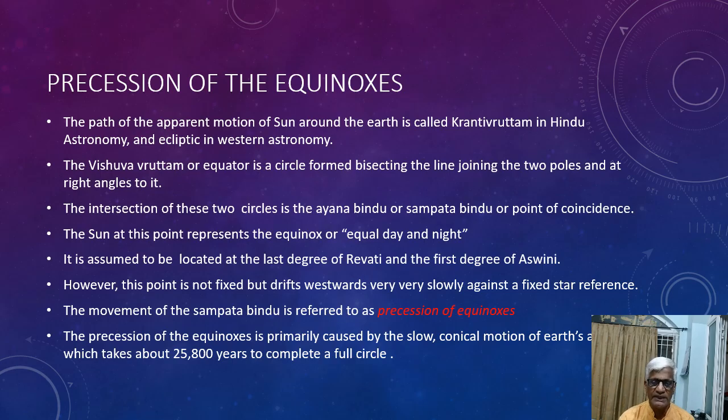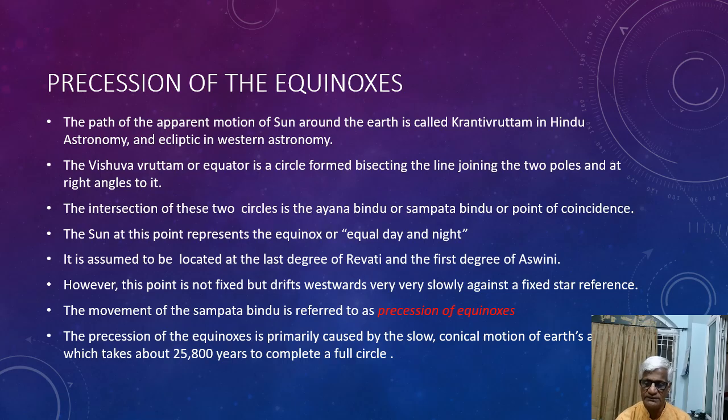This point is called Sampada Bindu in our astrological terms. Sampada Bindu or Ayana Bindu. The point is called Ayana Bindu because it moves, and it is called Sampada Bindu because it is a point of coincidence.